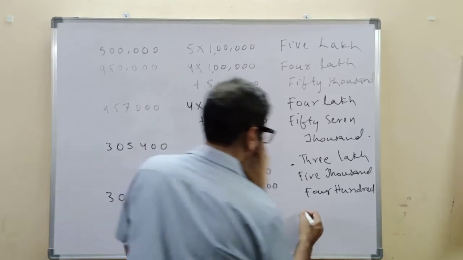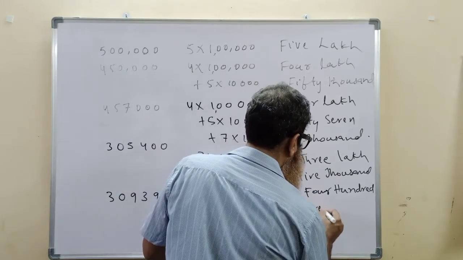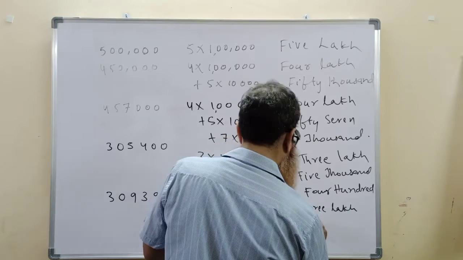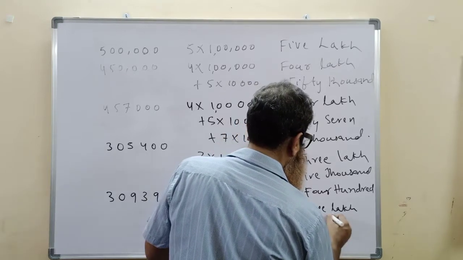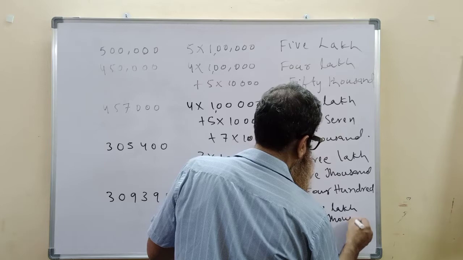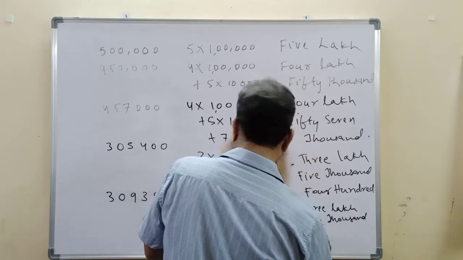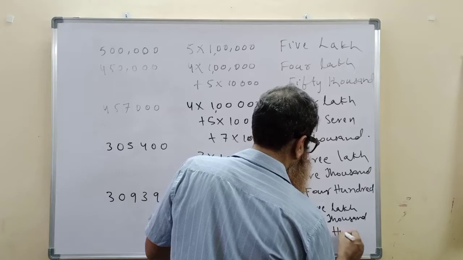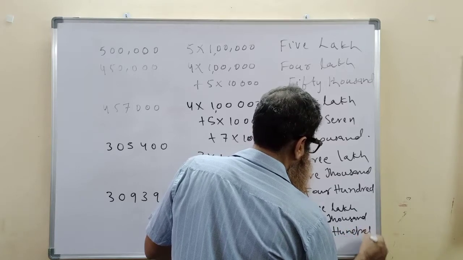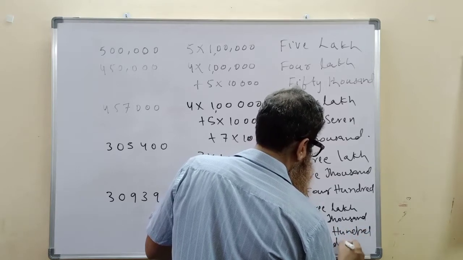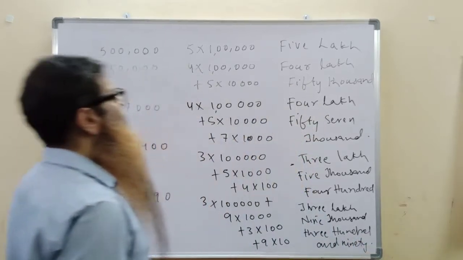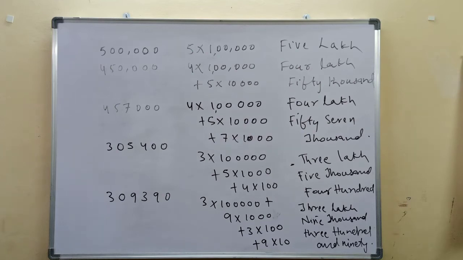It is 3 lakh 9,390, ninety. So that is the fifth number in the series.